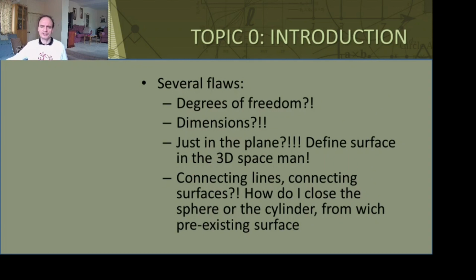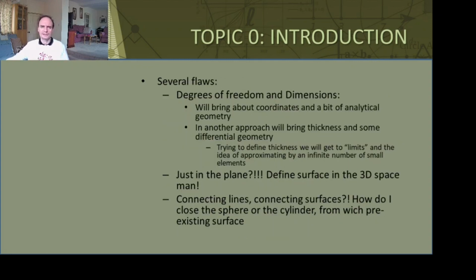And for strengthening it, we're going to be seeing what coordinates are, what dimensions actually are, what degrees of freedom are. We're going to be speaking about connecting surfaces by means of curving things, and like that from a rectangle we could get more or less a cylinder.